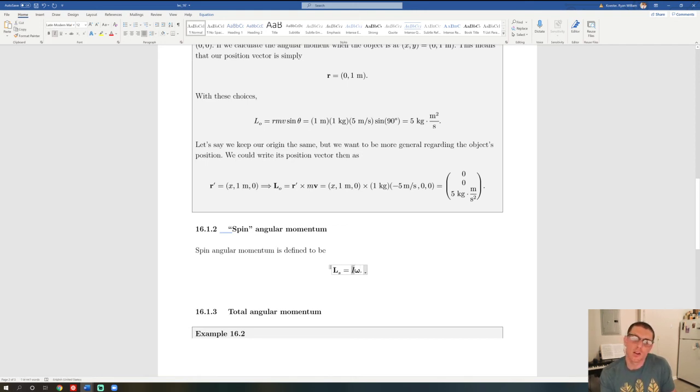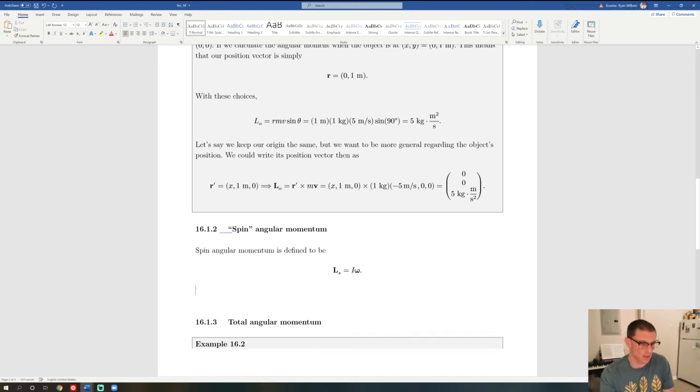And furthermore, it's always going to be positive, so we know that these two vectors must point in the same direction.